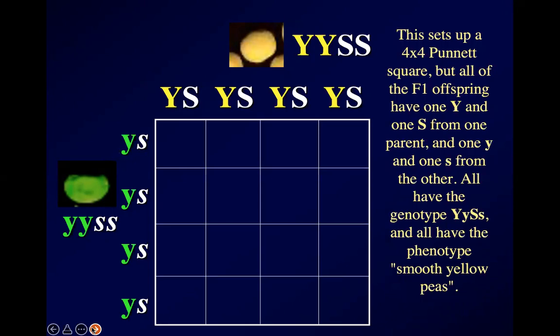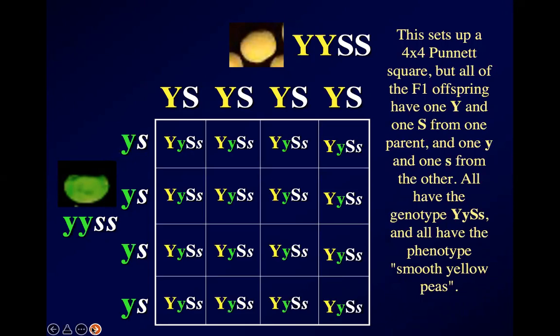And this sets up a very boring Punnett square in which all of the F1 offspring got one dominant yellow allele and one dominant smooth allele from the yellow smooth parent. And they got one recessive green allele and one recessive wrinkled allele from the other parent. All of those offspring have the genotype big Y, little y, big S, little s, and they all have the phenotype smooth yellow peas.